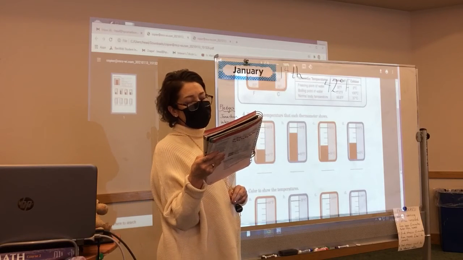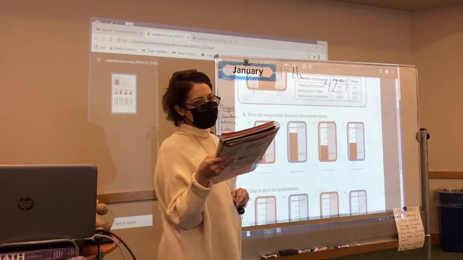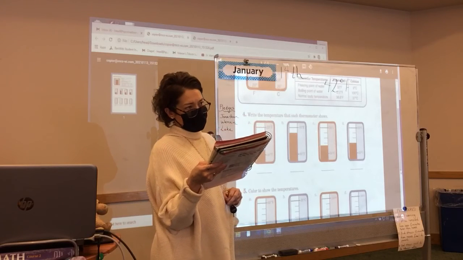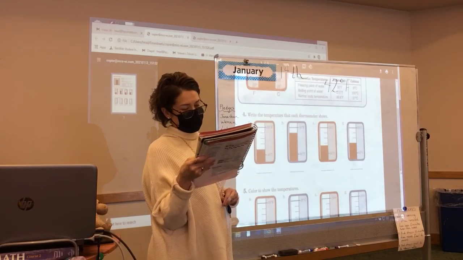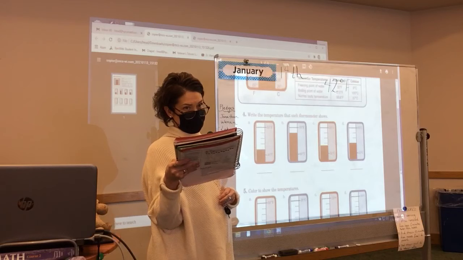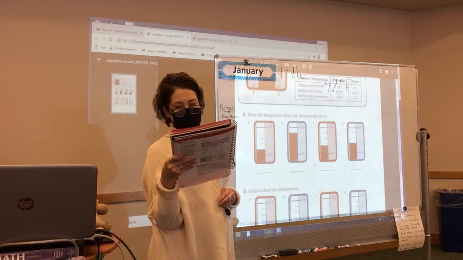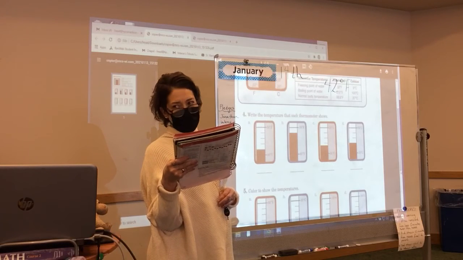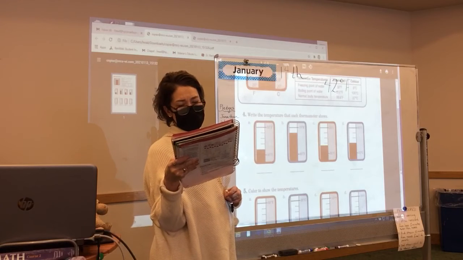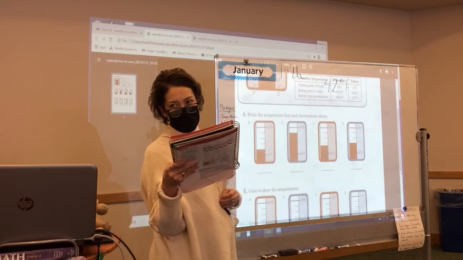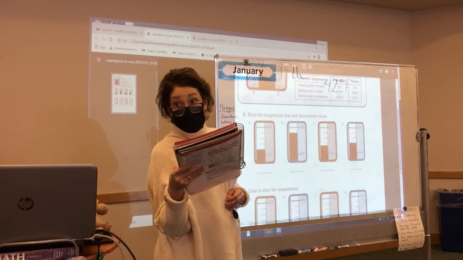So what is the freezing point of water in Celsius? 0. 0 what? Degrees Fahrenheit or degrees Celsius? What are we monitoring on this one? Degrees Celsius. Yes, very good.